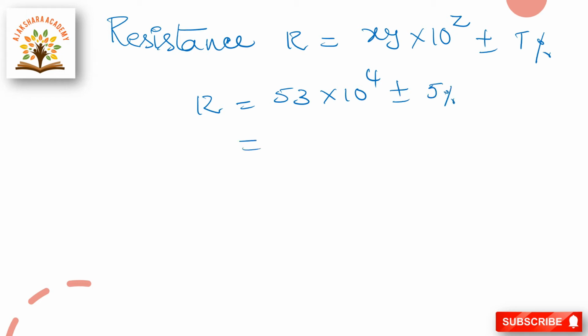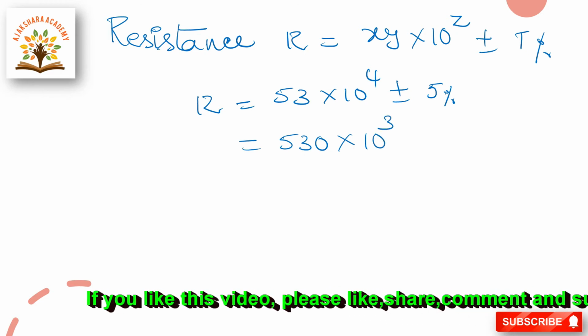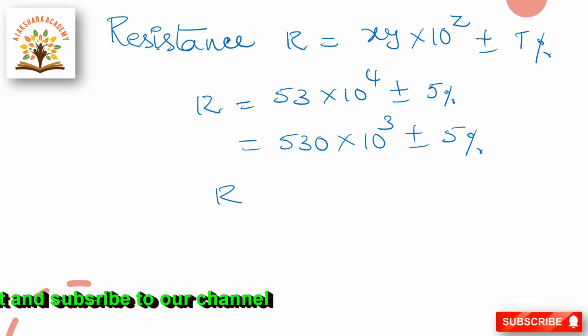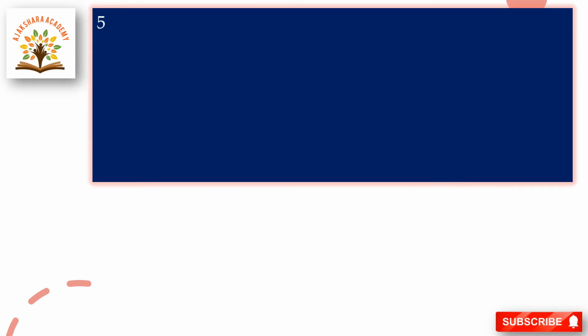So this can be written as 530 into 10 cube plus or minus 5%. So the resistance is equals to 530 kilo ohms plus or minus 5% tolerance. Okay. Next we'll go to the next question.